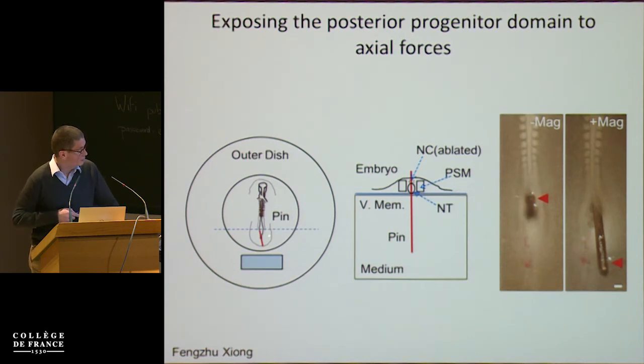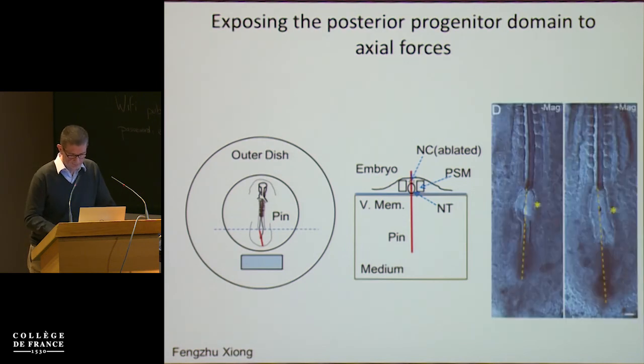So what he did is to perform an ablation of the posterior axial organs and then replace them with a metal pin that he inserted in the embryo in place of the posterior axial organs. And this pin, he could act on it with a magnet in order to bend it and to apply posterior force on these cells.